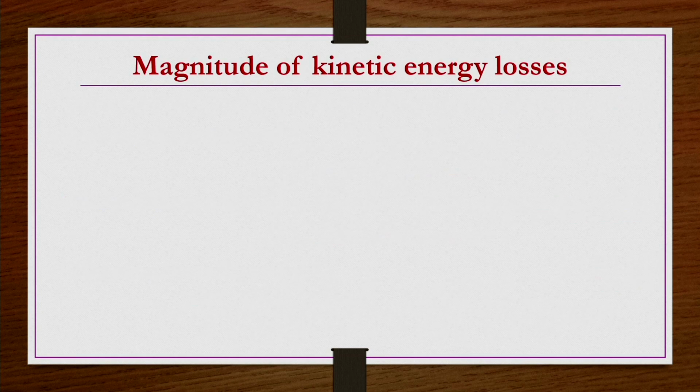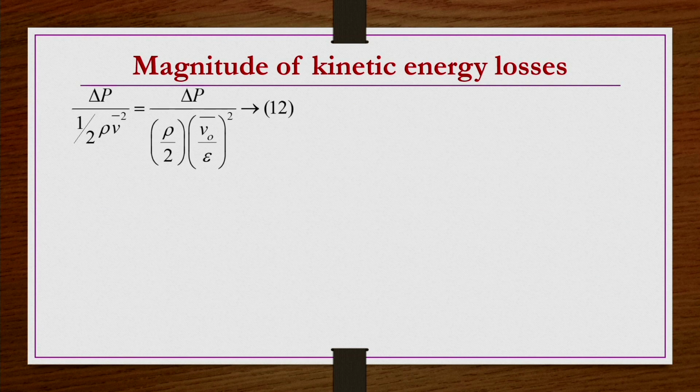So, let us start with the kinetic energy losses. Whatever the delta P is, we are dividing by half rho v square. V is the average velocity within the bed. Here we have taken the notation V bar, it is not V power minus 2, it is V bar. So, this V bar is nothing but the average velocity of the fluid within the bed. Okay. That is not known directly, but we found that this V bar is V naught bar divided by epsilon.